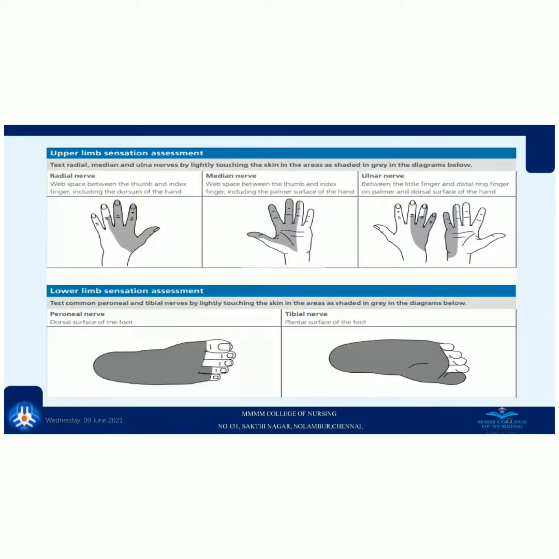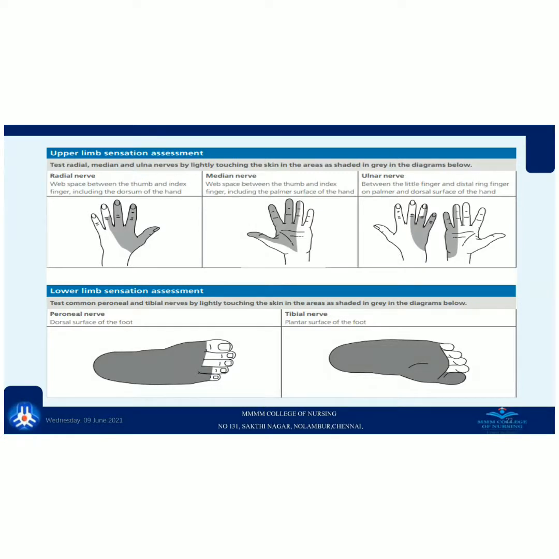So these are all the sites that we need to assess in the upper limb. For the radial nerve, always assess the web space between the thumb and index finger, including the dorsum of the hand. To assess the median nerve, the web space between the thumb and index finger, including the palmar surface of the hand, is to be assessed.